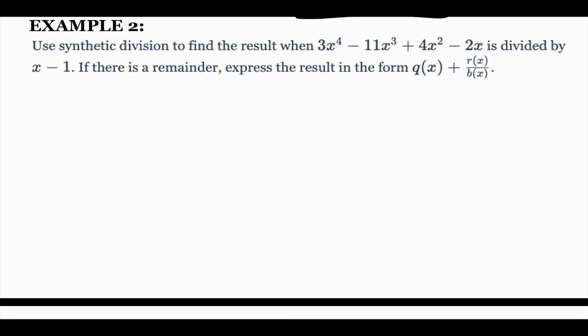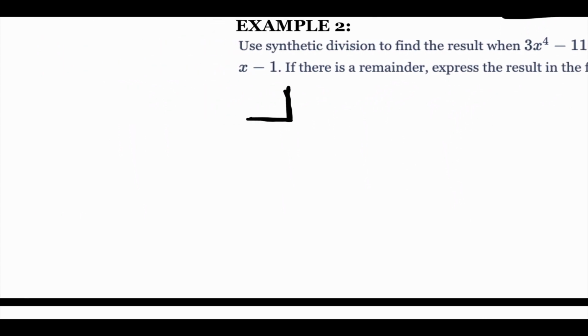Okay. Synthetic division. So I'm going to set up my box. What number is going to go in there? Positive 1. Yeah, positive 1, not negative 1. So how did you know that? I'll show you. So this guy here, we need to find the 0. Means set it equal to 0 and solve.